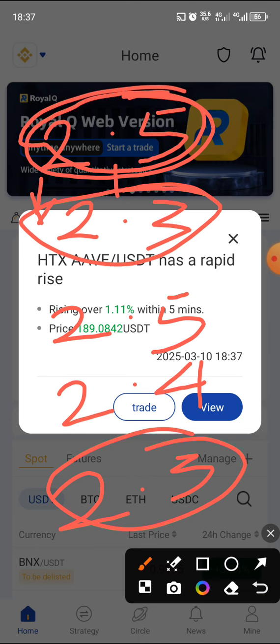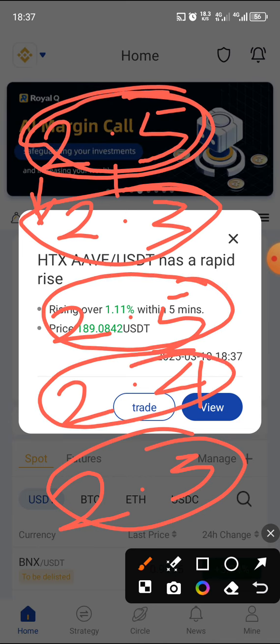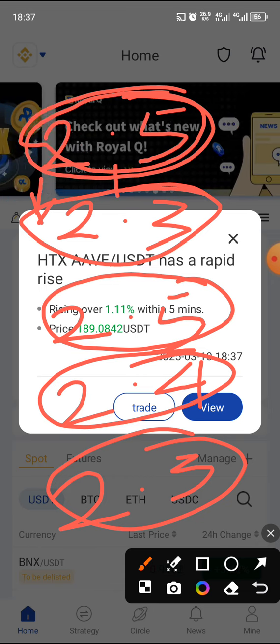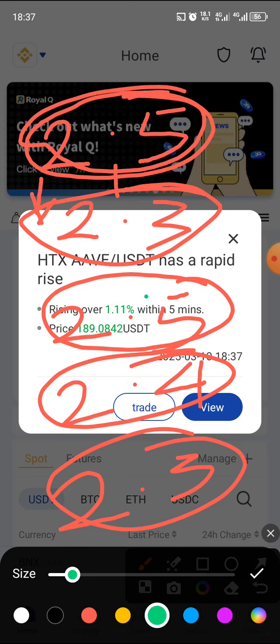Now, a question. Between 2.5 and 2.4, which one is closer to the current price? Of course, it will be the 2.4.